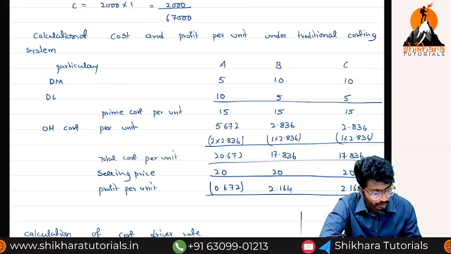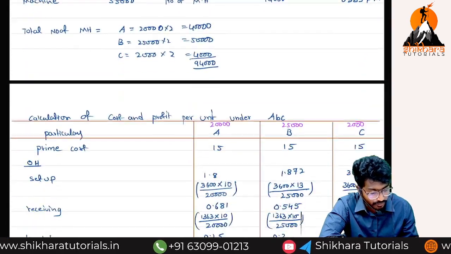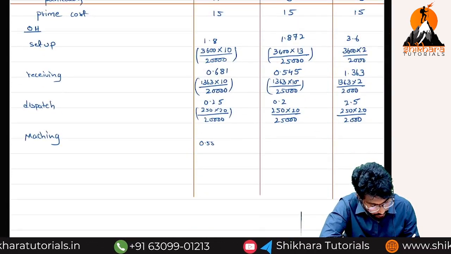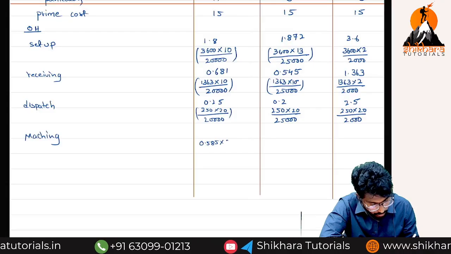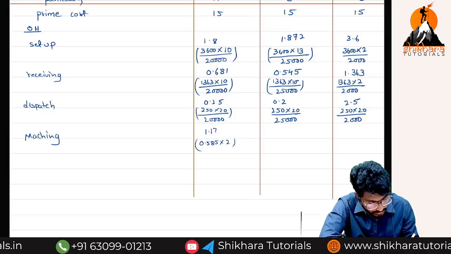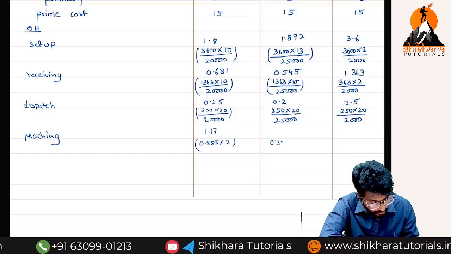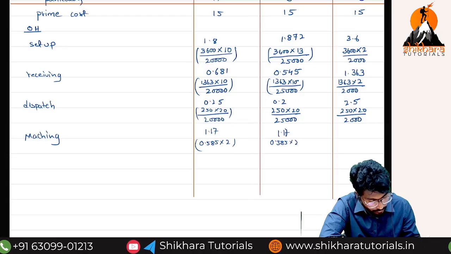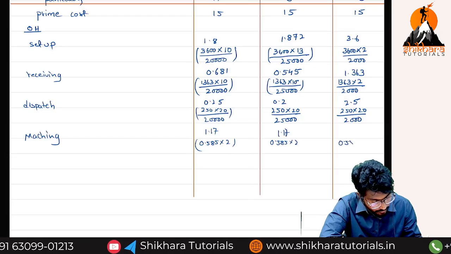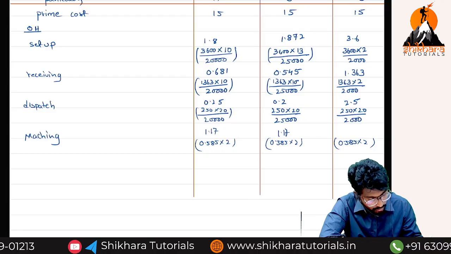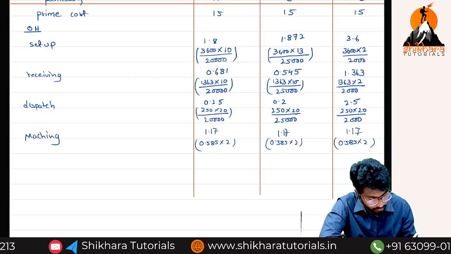Now per hour it is how much? 0.585. 0.585 into 2. How much? 1.17.